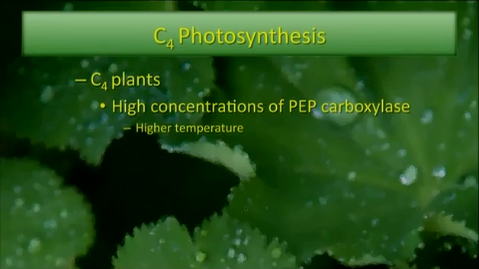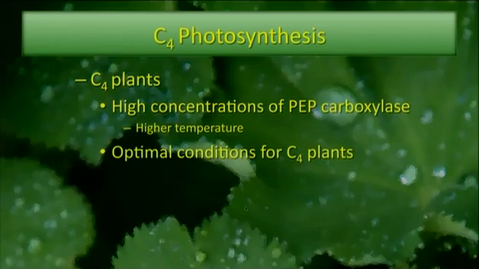So when it's warm like that, that's actually optimal conditions for C4 plants, when it's kind of hot and dry. Another thing that this does is the C4 photosynthesis allows for a major reduction of photorespiration. So photorespiration doesn't happen very much in C4 plants.